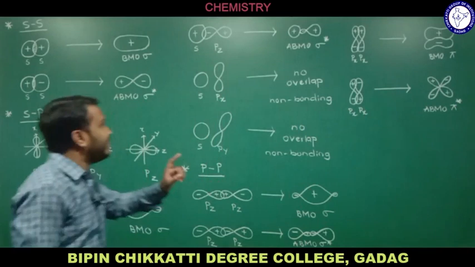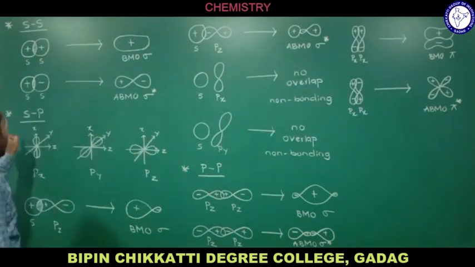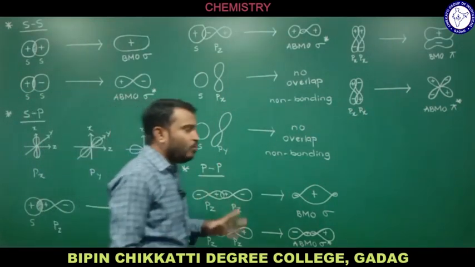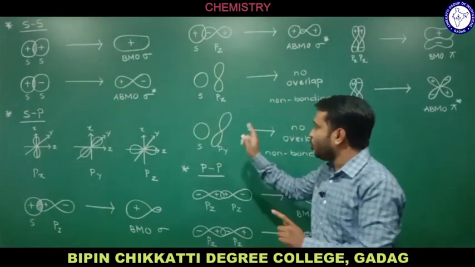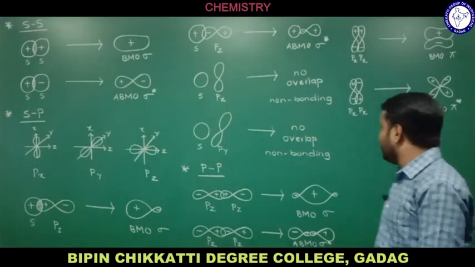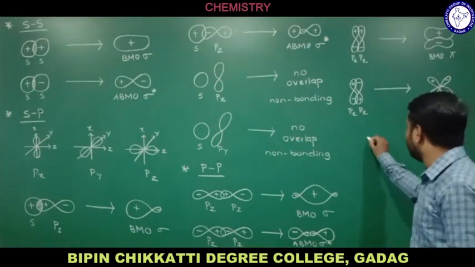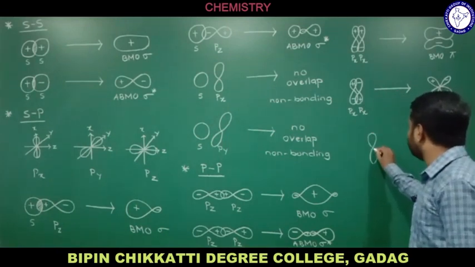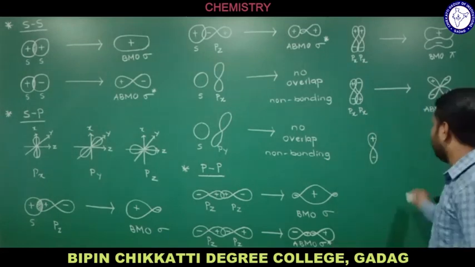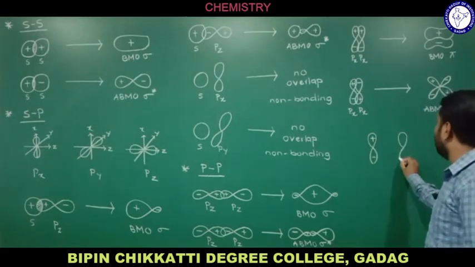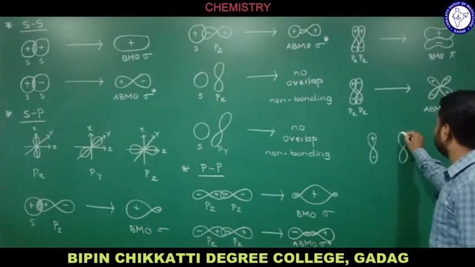So I have explained how s-s, s-p and p-p overlapping of atomic orbitals takes place, and the p atomic orbital is a dumbbell, which I represented in this fashion. One thing I want to highlight here: in some books they mention the sign, that is the plus and minus, and that is okay, and in some reference books, out of these two lobes they shade one.